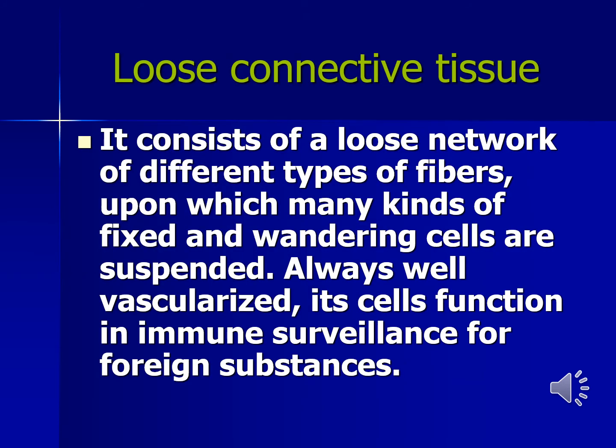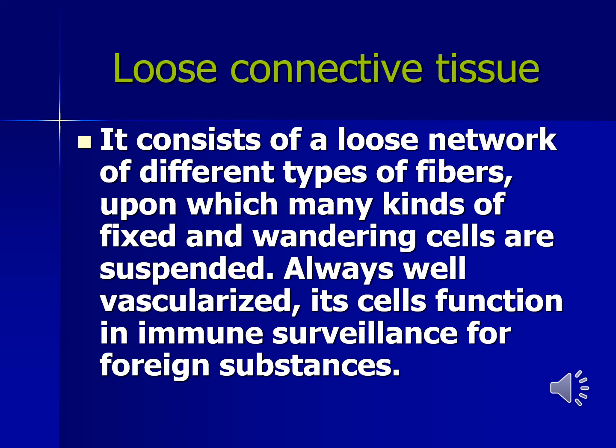Loose connective tissue includes a network of different types of fibers, mostly collagen fibers, also elastic and some reticular fibers, and includes fixed and wandering cells, all subtypes, and is very well vascularized.